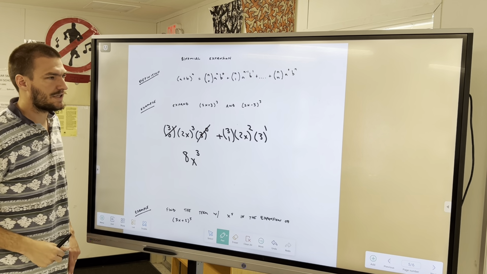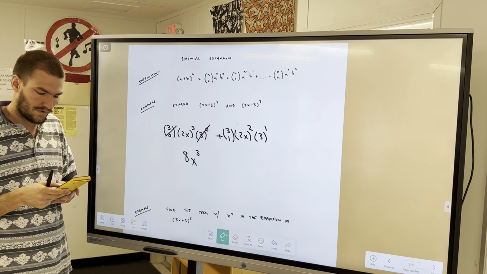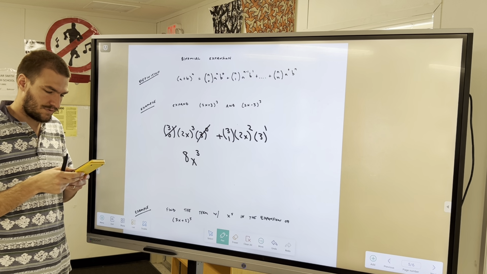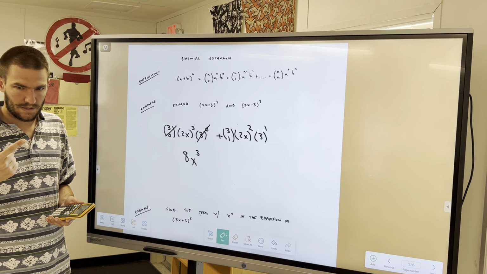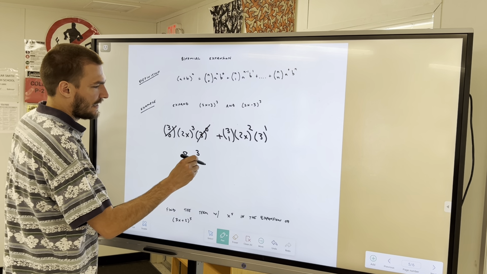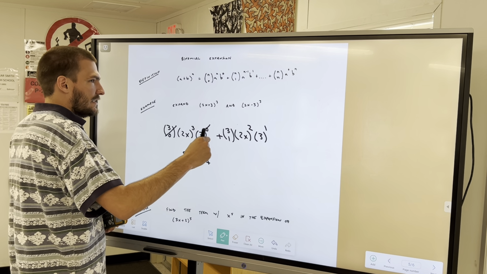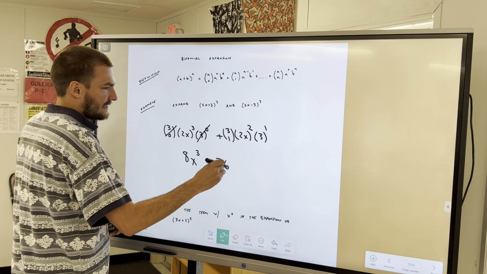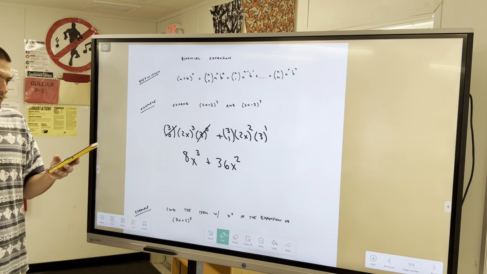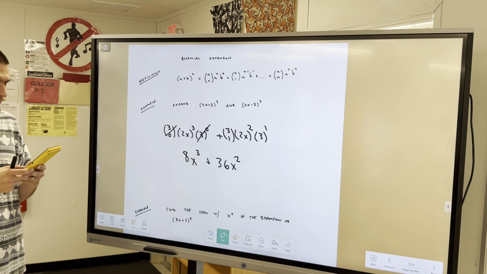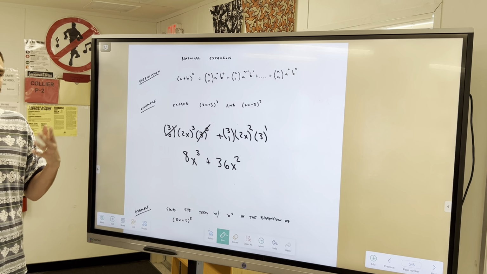And then we also have 3 choose 1, and we can use our calculator, and 3 choose 1 is going to be 3. If you've got 3 things and you're picking 1 at a time, you can pick a or b or c. Anyways, we're going to have 3 times 4 times 3 times 3, which is 36x squared. That's coming from the 3 times the 3 times the 2 squared, which is 36, and the x squared is there.